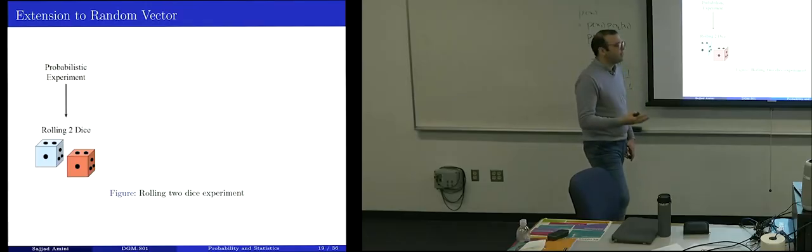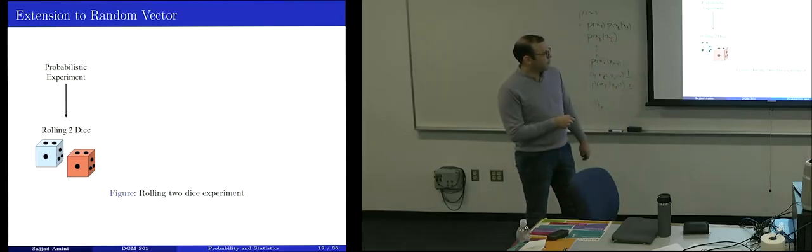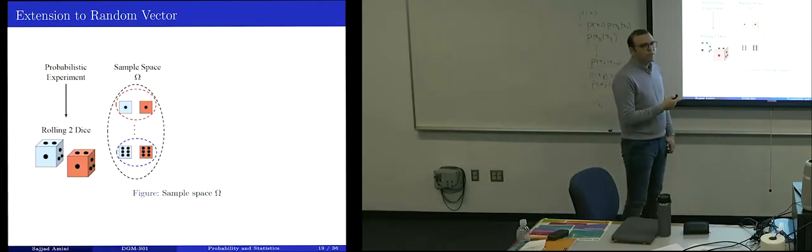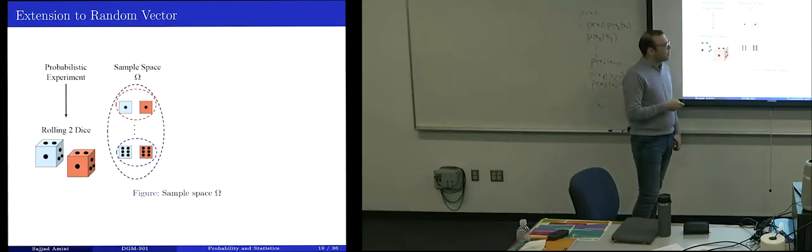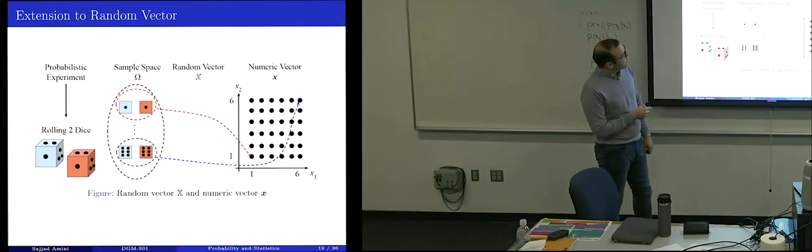Assume that instead of one die, I have two dice, and I roll them together, but they are different. The color is different. So your sample space here is two-dimensional, so it is a random vector. You can define the sample space. Each of these two is one element of the sample space. It means that at the output you have two results, one for each die.